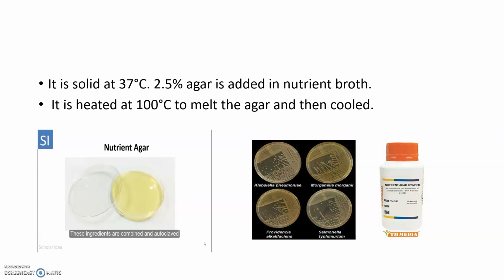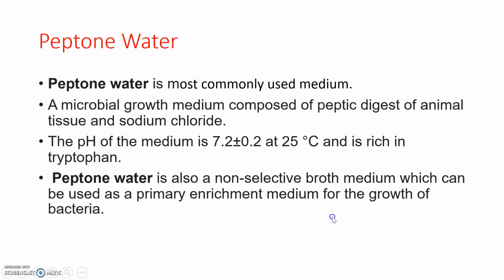Here is the petri plate of nutrient agar, showing the growth caused by different organisms, for example Klebsiella pneumoniae, Morganella morganii, Providencia alcalifaciens, Salmonella typhimurium, etc.